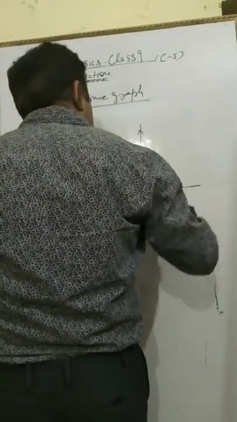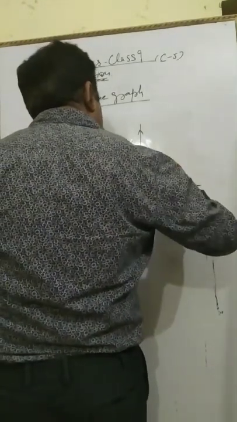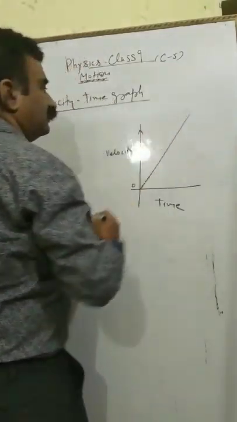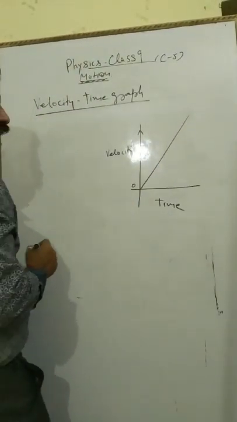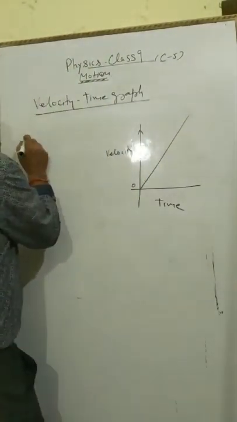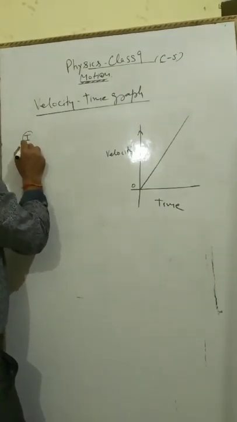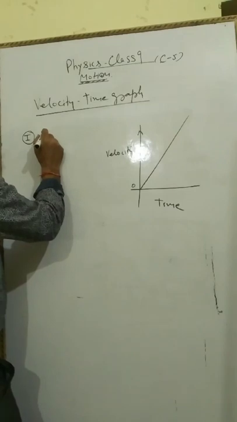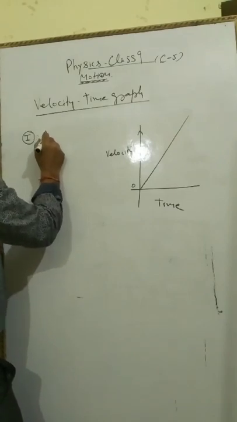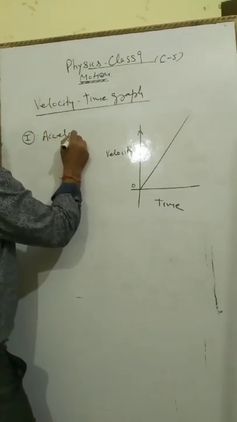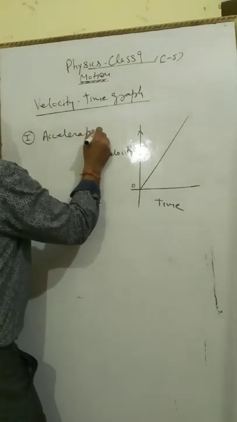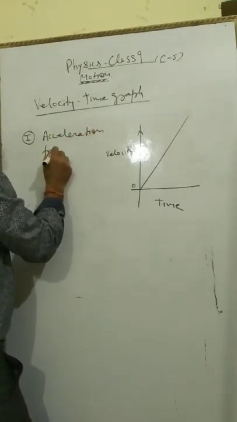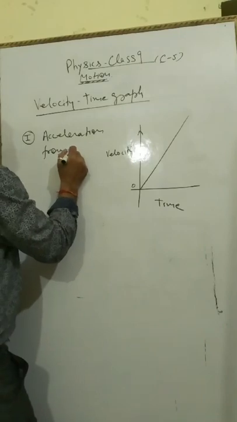If this is the origin and the graph is a straight line, the first interpretation we can get is that we can find the acceleration from the VT graph.